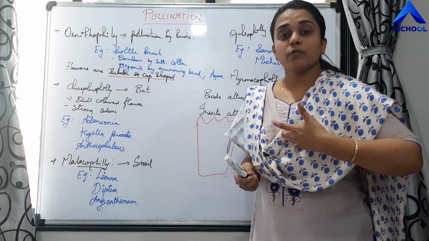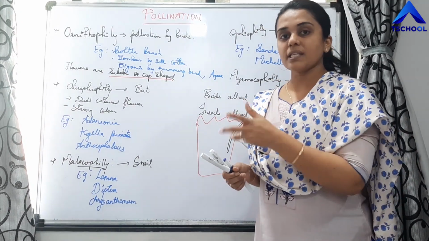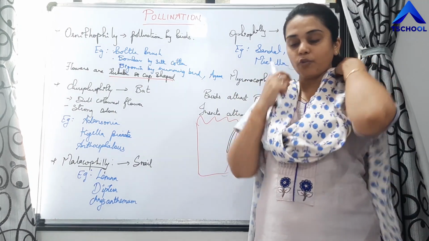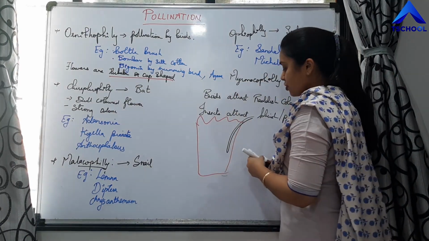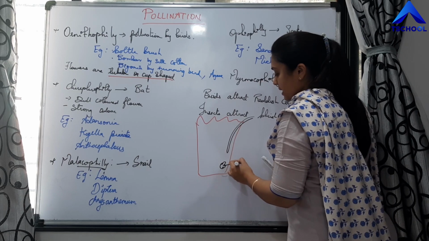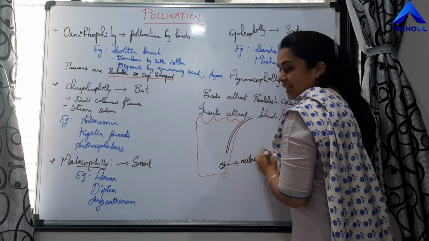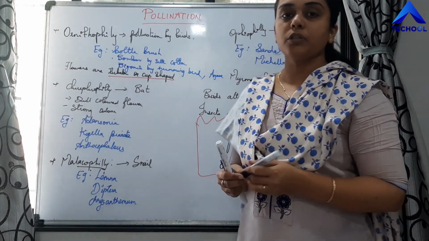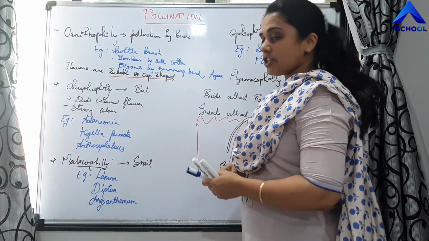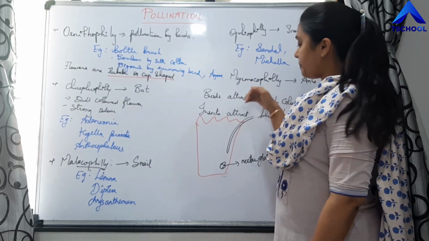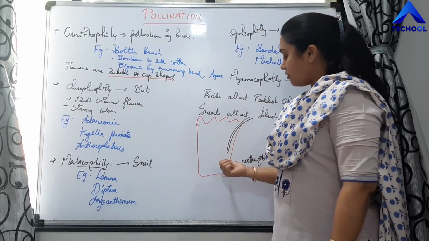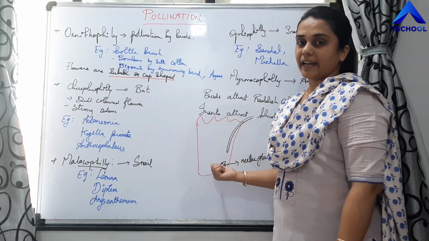Moreover, what reward will birds get? Why are birds coming to the flower? They should get some reward, right? So flowers should possess nectar glands, which are a reward to the bird for pollination. Birds will peep their beak into the flower for the nectar present in the nectar gland.